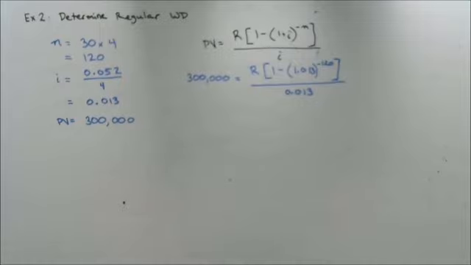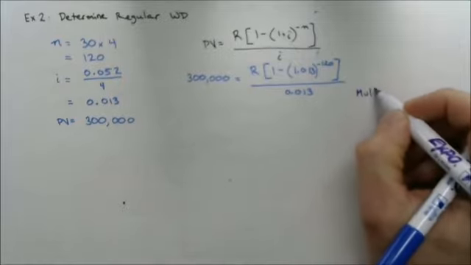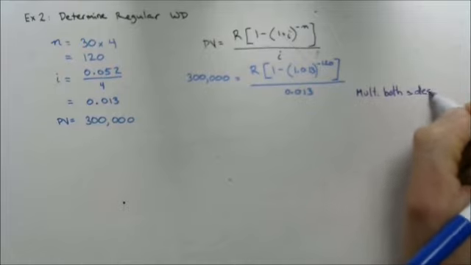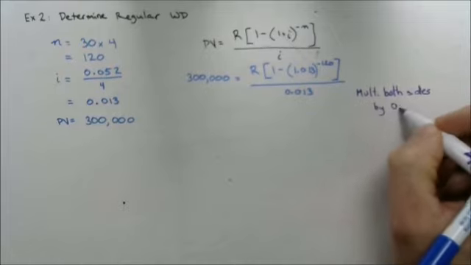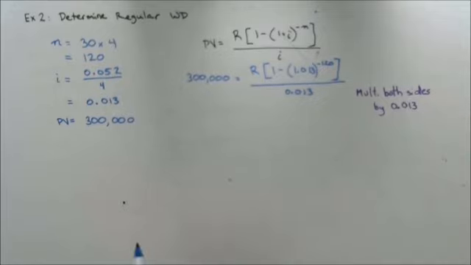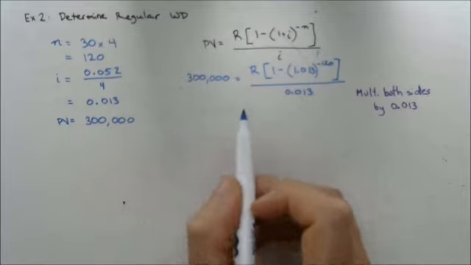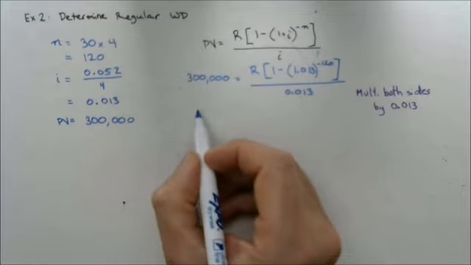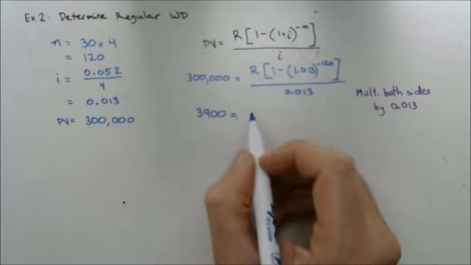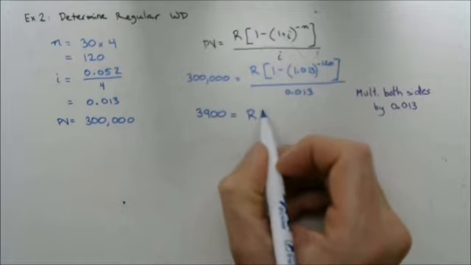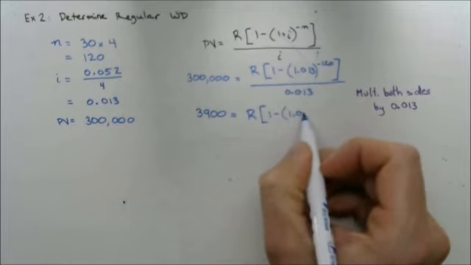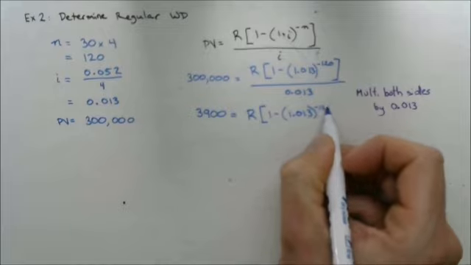All right, algebra, what are we going to do? We are going to multiply both sides by 0.013. So 300,000 times 0.013 is 3,900. And on the right-hand side, we're left with just the numerator, R times 1 minus 1.013 to the power of negative 120.